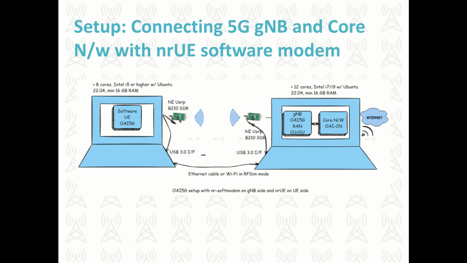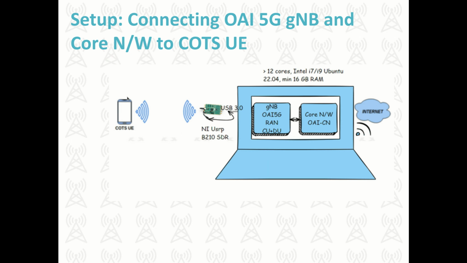The hardware requirement for the NRUE can be somewhat lower. Now this one is the most typical combination, and I also use it most of the time. This is the type of setup which I will be using.